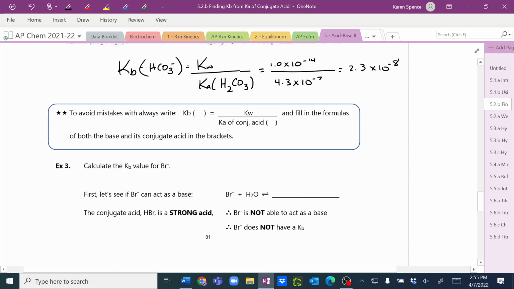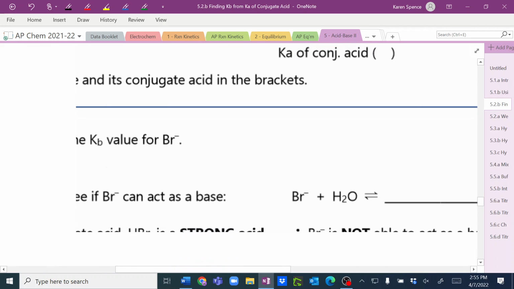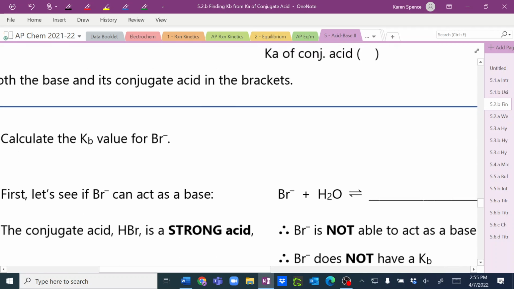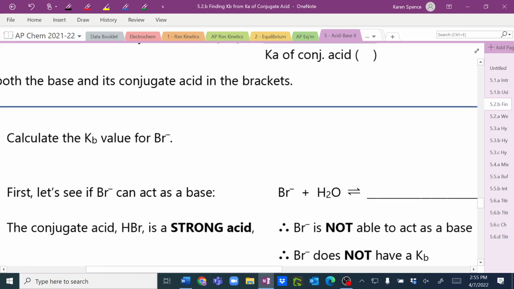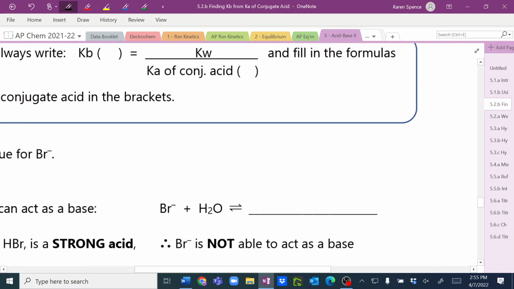All right, here's another one. Calculate the Kb for Br minus. Do you remember what I said the first step was? The first step is to see if Br minus can act as a base. What would we get if it acts as a base? HBr plus OH minus. What have we made here?